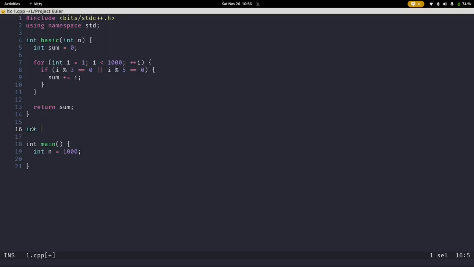It takes in another n and initializes the sum to be 0.